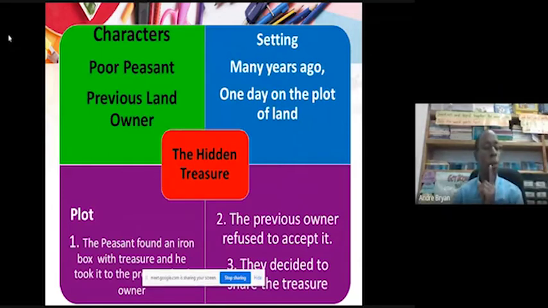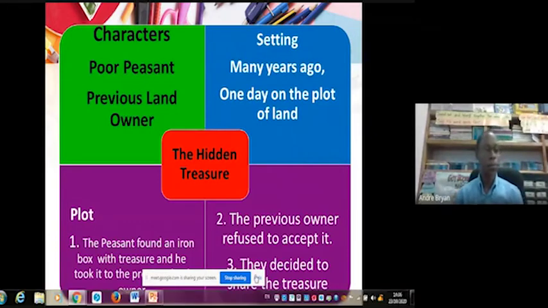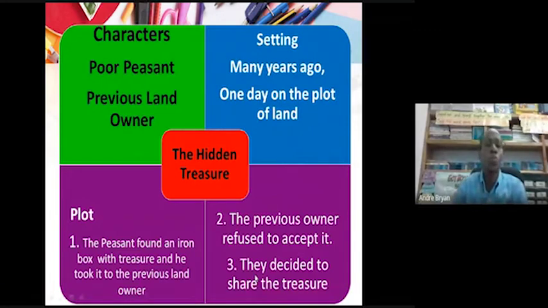Can you remind me of the plot of the story? Remember, the plot of the story has special parts, but we're looking at the beginning, the middle, and the end. So in the beginning, we saw that the peasant or the poor man, he was plowing the land, and he came upon an iron box with gemstones and treasure.